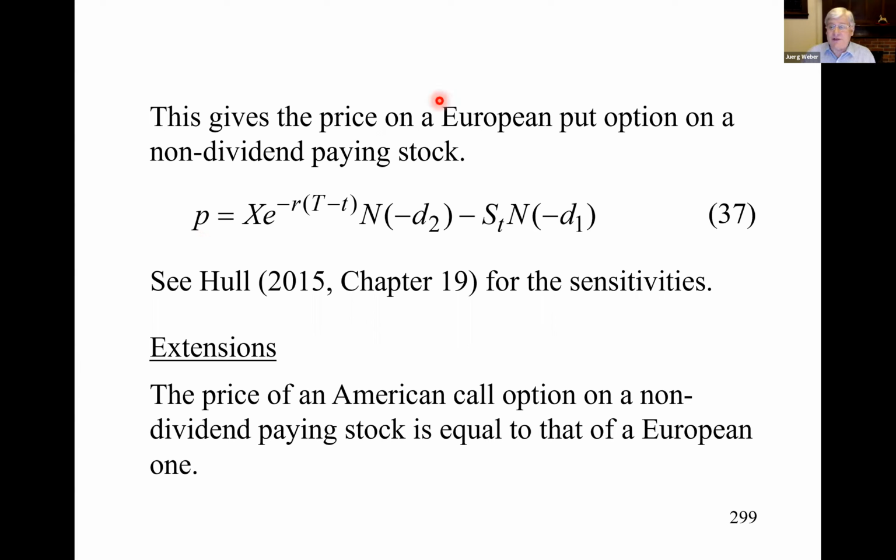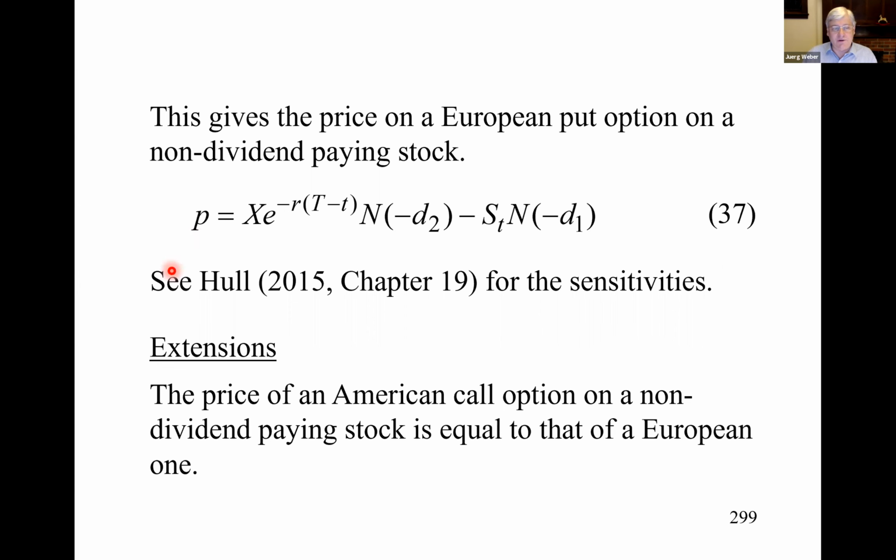Now here again you have sensitivities, all those partial derivatives. What happens when the interest rate changes? What happens when sigma, the volatility, changes? D1 and D2 will change, and it will have an effect on the price of the put option. So you have a lot of formulas here, also for the put option.